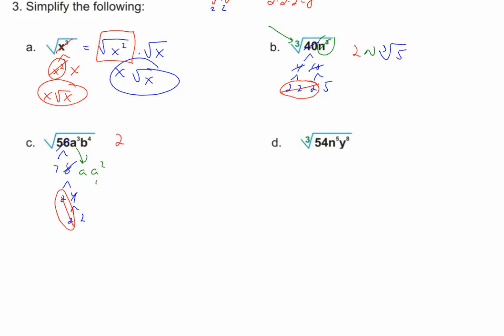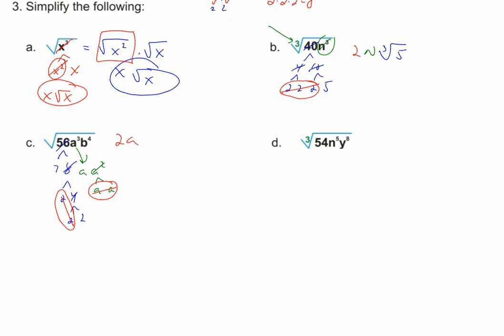Students that are still a little foggy might take the a squared and go all the way to an a times a. But again, what's our index? 2. How many things are we looking for? 2. So circle up 2 of them and take the square root of it. What's the square root of an a times a? A. Can I do anything with that last a in there?